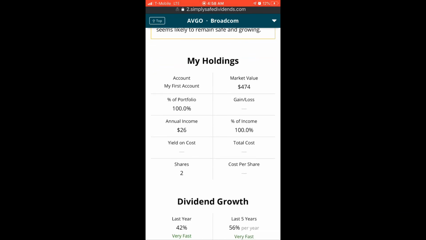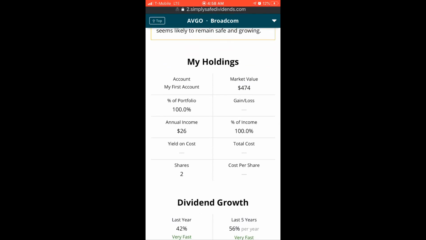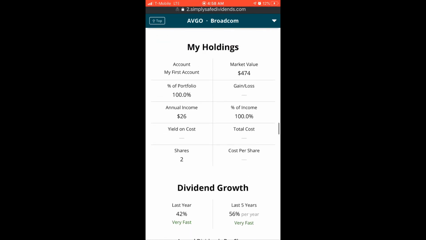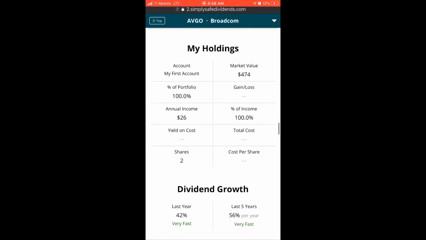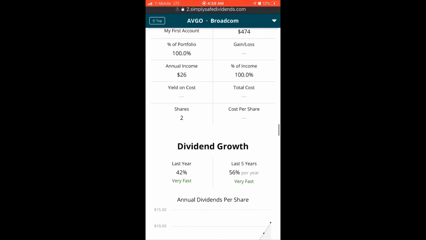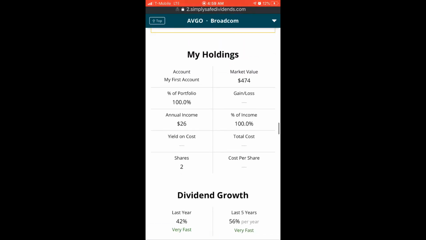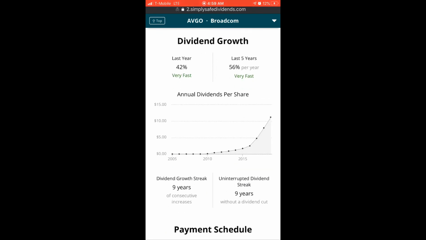Anybody that has more than $50,000 in portfolio, I would advise to pay, maybe pay the $400 a year for this website. But if you have less than 50,000, I would not pay for this. I would just go and sign up for the free trial, 15 days. But this is very good information here.